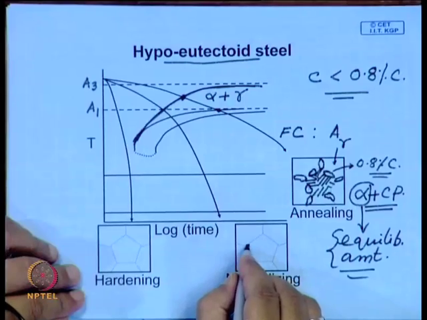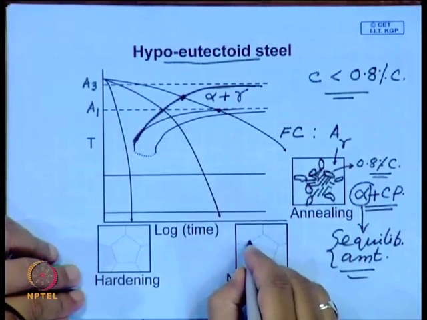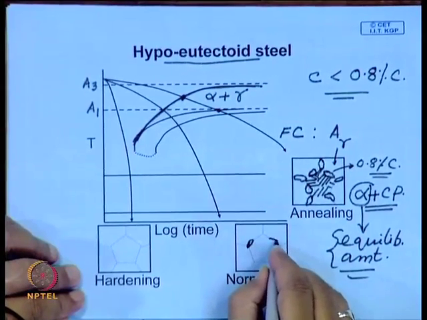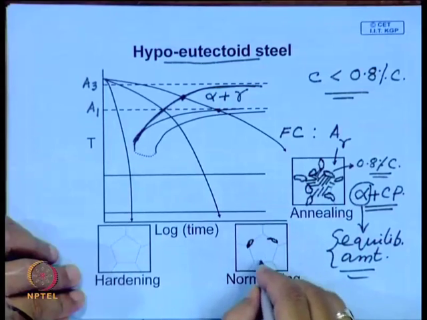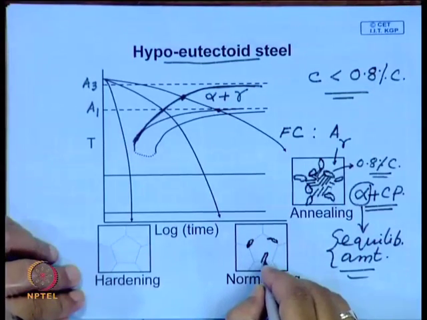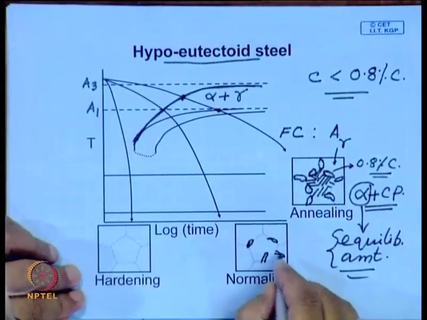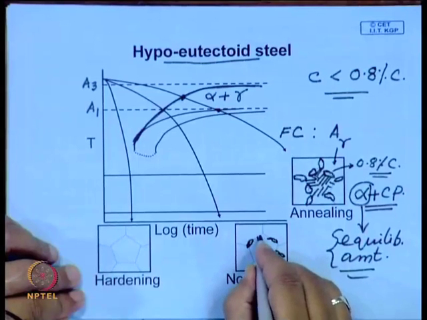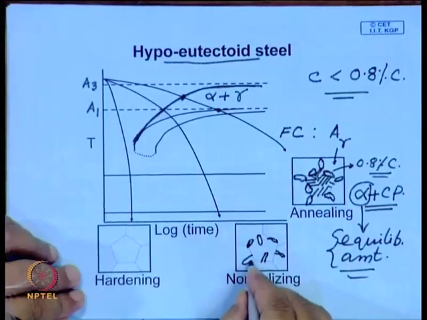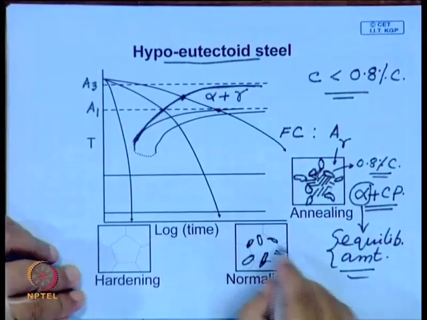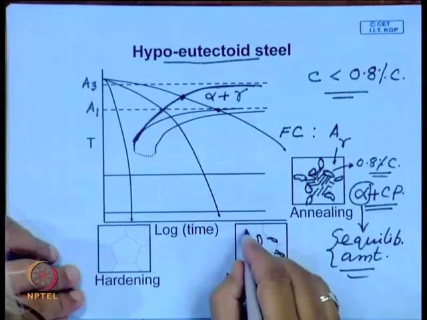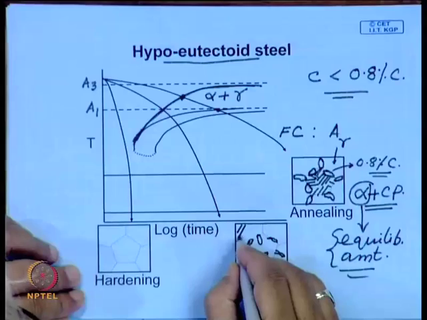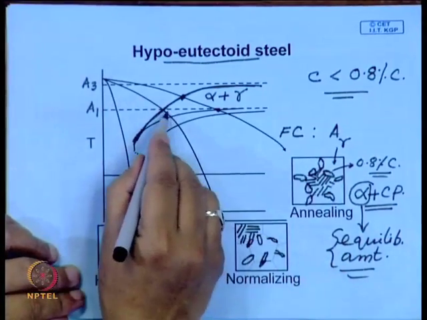Whereas, in this case also the structure will consist of pro-eutectoid ferrite. Some of these ferrites can also form as a Widmanstätten structure, say some ferrite plates forming here, and then the balance will be converted into pearlite.